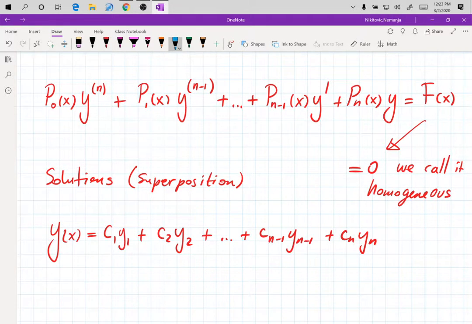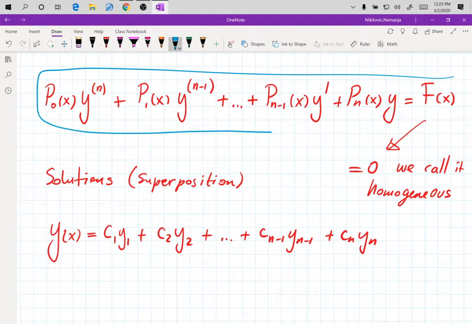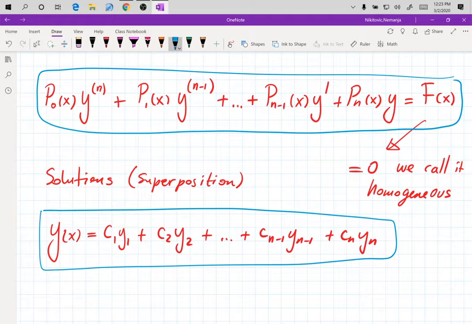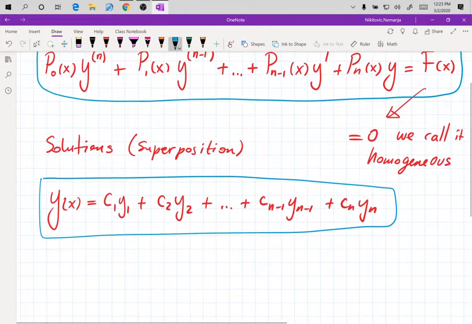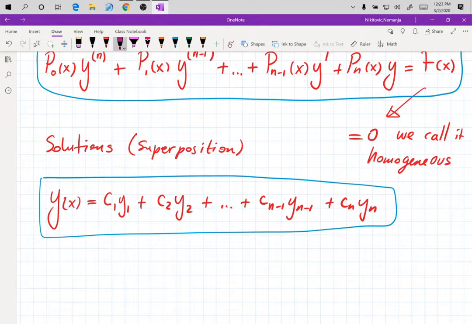So for the equation that is given to us, we have an associated solution where the order of the derivative is equal to the number of solutions. I have to write that.